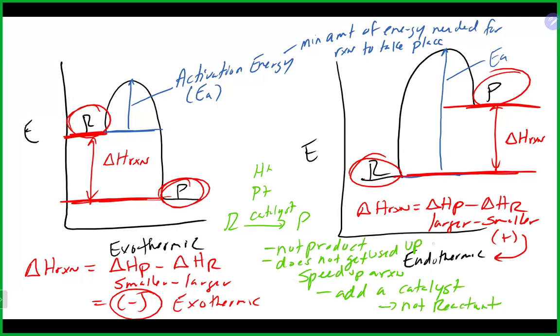It is there simply to facilitate that reaction happening much more efficiently. So it finds an alternative, more efficient pathway for that reaction to occur. The result is the reaction will often occur faster.